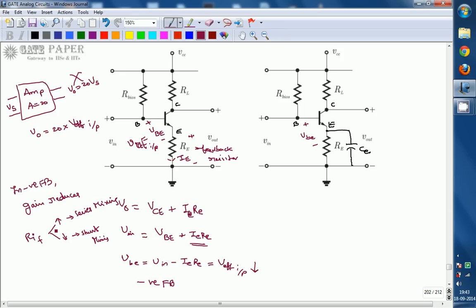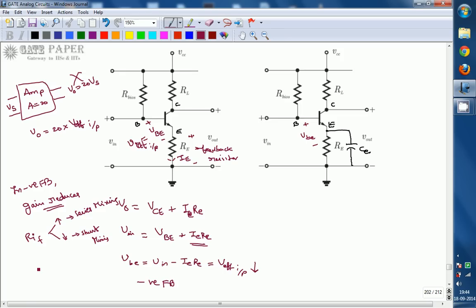So now we have to find out whether the mixing type is series or shunt. But irrespective of mixing and sampling, gain definitely reduces for negative feedback. So if you introduce negative feedback, gain reduces.